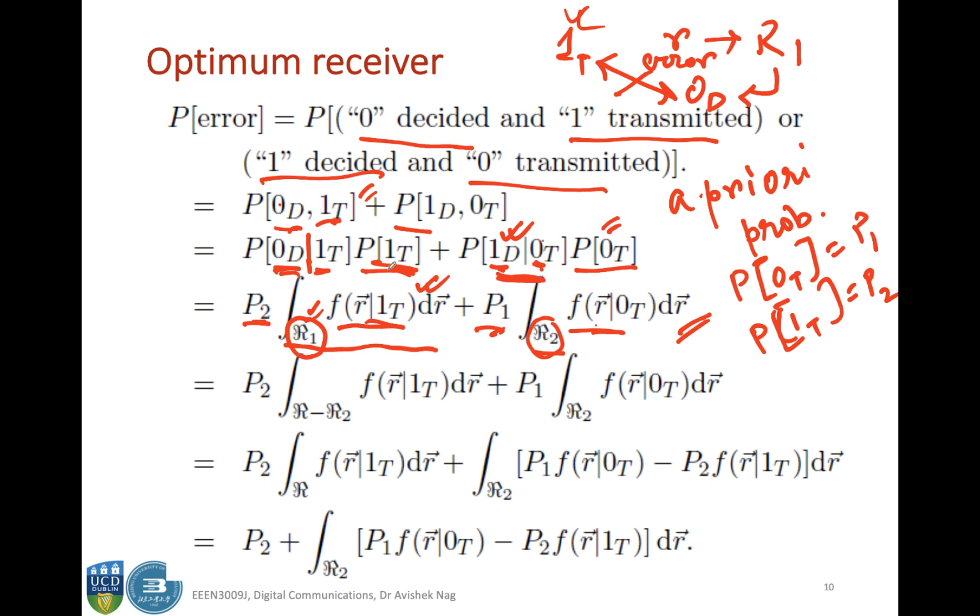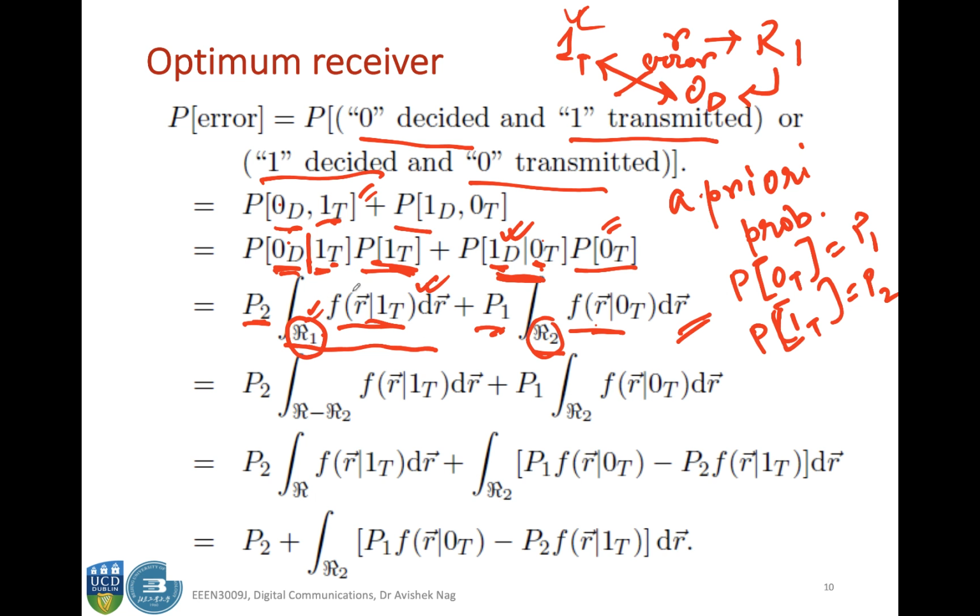So you are observing all the points that are falling on R1, and based on the rule that you have set, whatever falls in R1 is decided as 0. But if it was an actual 1 transmitted, then it's a case of error.